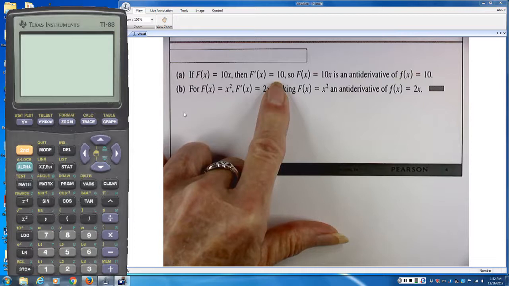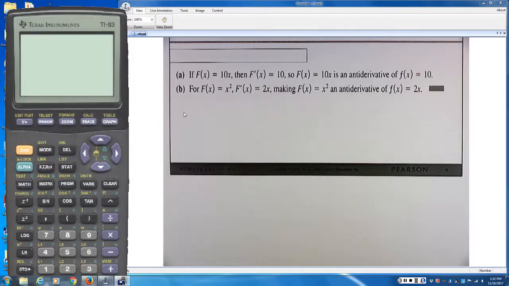And since the only thing that has a slope of 10 is y equals 10x, then that would be one candidate for the antiderivative. Okay? F of x equals 10x is the antiderivative of f of x equals 10.